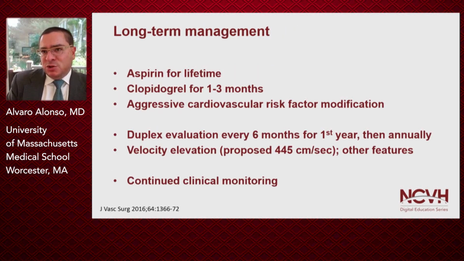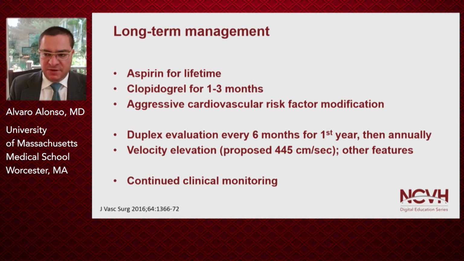The long-term management of these patients is not very complicated. Most of these patients will be on aspirin for life. Most operators will do clopidogrel for 1 to 3 months. We don't have randomized data, but it's an extrapolation of what is done in other vascular territories.